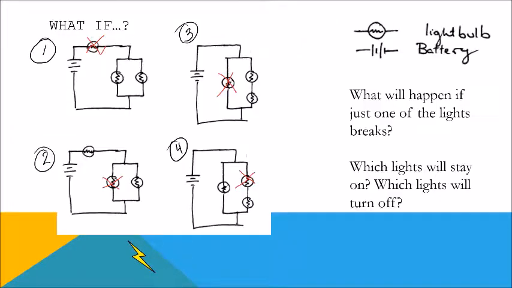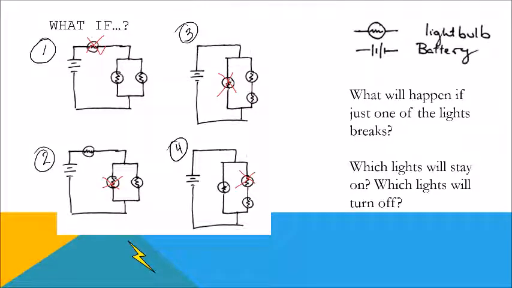On this slide, we have 2 different combination circuits, but we're changing which light bulb is broken in each circuit. Number 1 and number 2 are the same circuit, but we're switching which light bulb breaks. And number 3 and number 4 are also the same circuit, and we're seeing which one breaks.